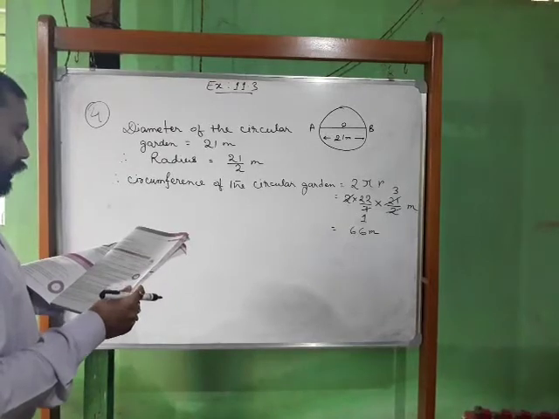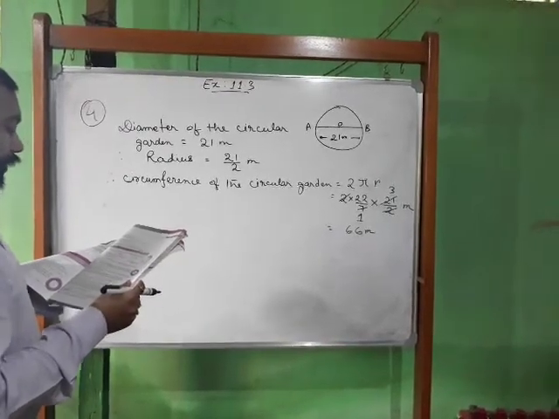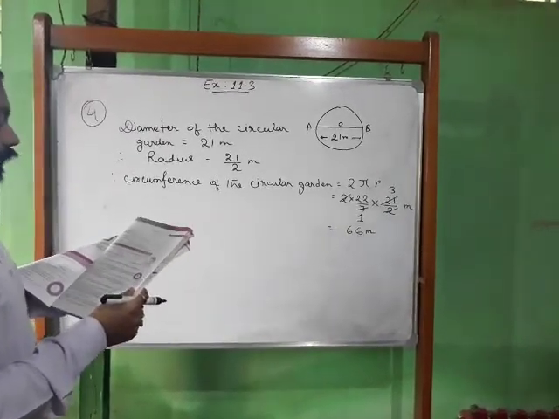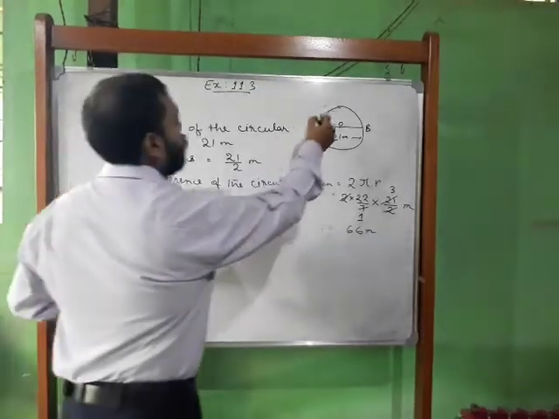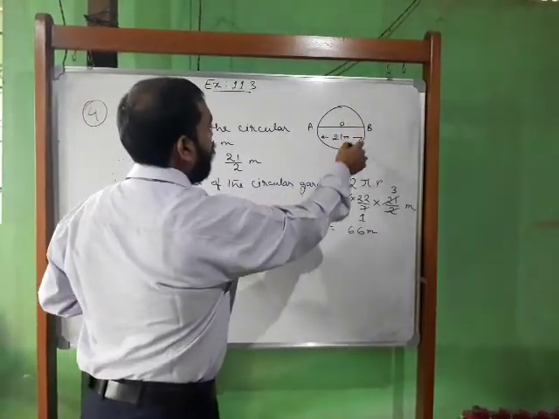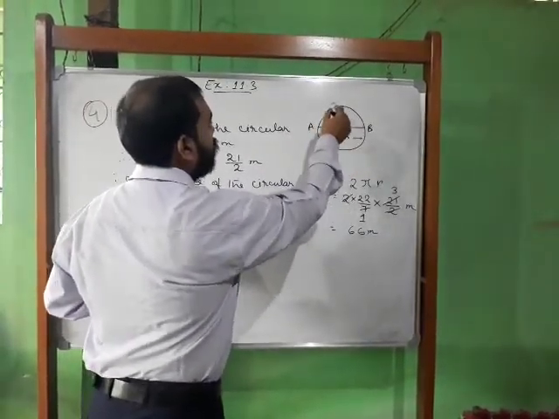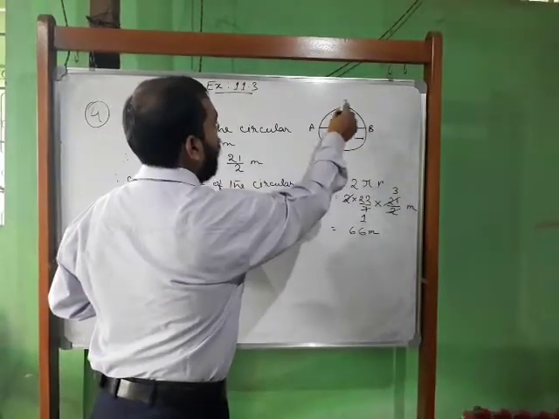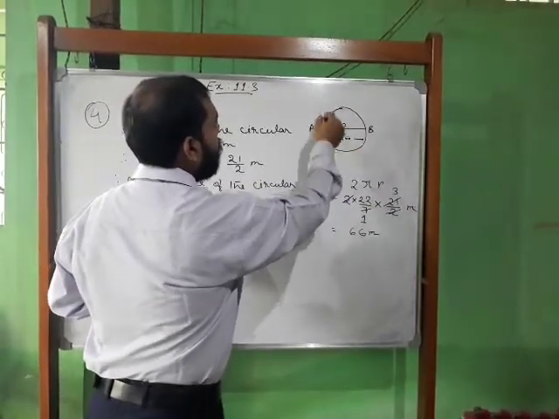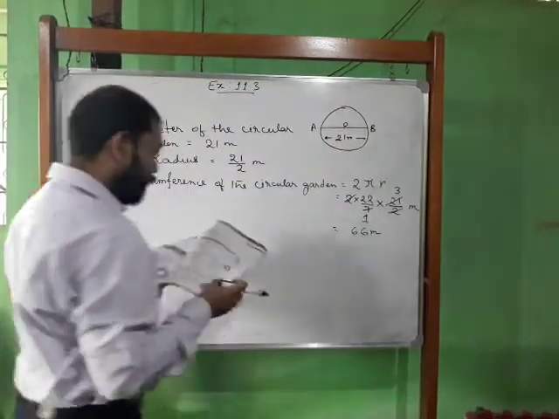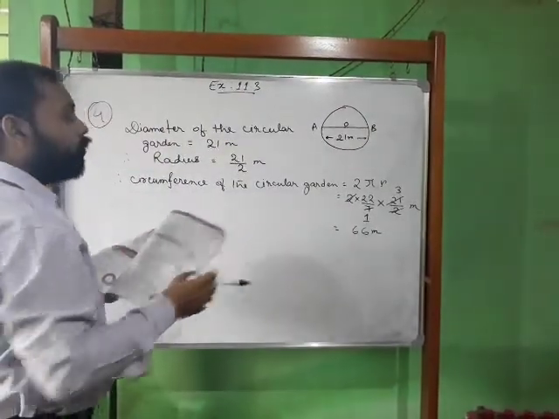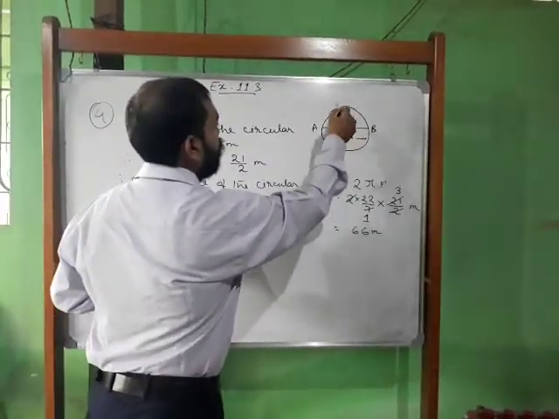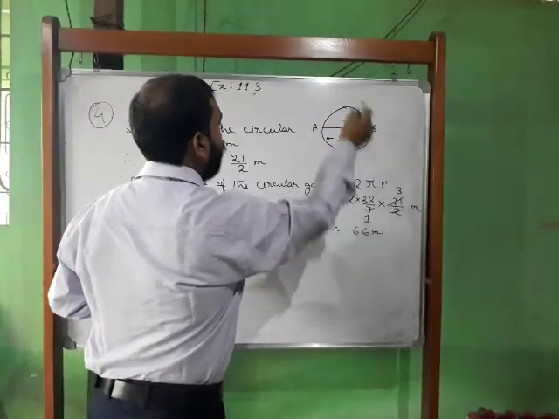Now, find the length of the rope he needs to purchase if he makes 2 rounds of the fence. This circular garden needs to be fenced with a rope, and the length of the rope required is twice the circumference, because it is already given in the question that he makes 2 rounds of the fence. So 2 rounds means twice the circumference.